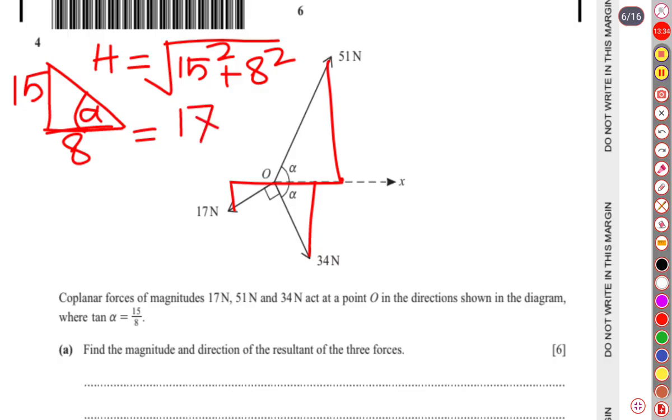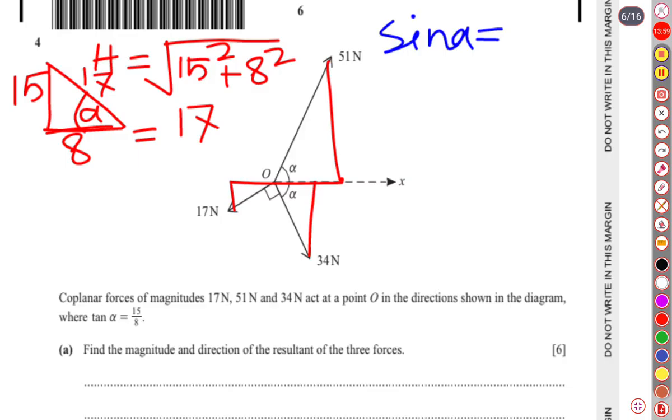This is 17. Well, so our sine alpha, because if we resolve the forces vertically and horizontally, we must use sine and cosine alpha. Sine alpha is equal to what? Sine is opposite over hypotenuse.